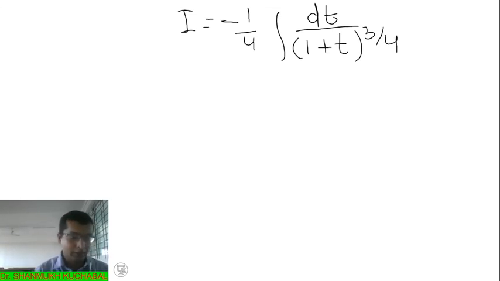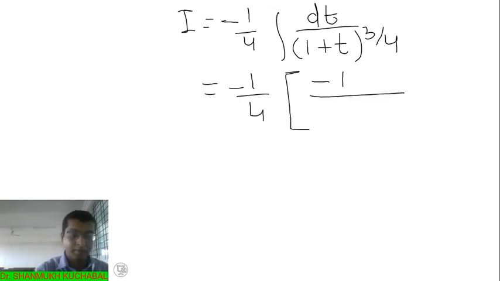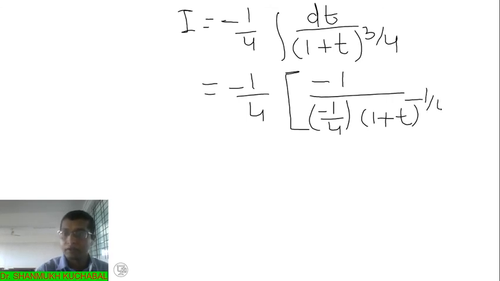Okay, so further integrating this, we get minus 1 by 4 times 1 plus t raised to minus 1 by 4 divided by minus 1 by 4. This is the integration. So further we can write this as minus 1 by 4 cancels.